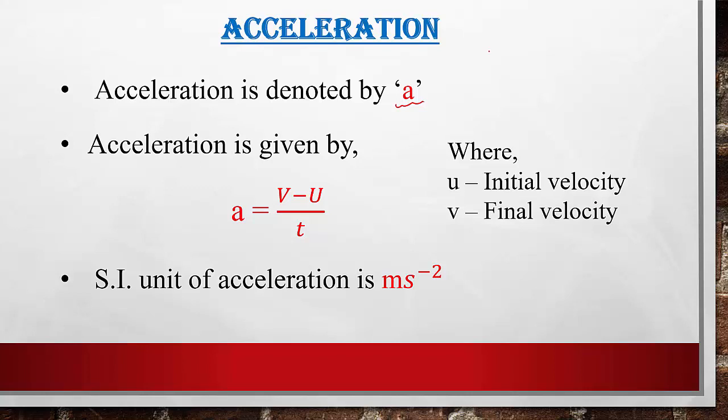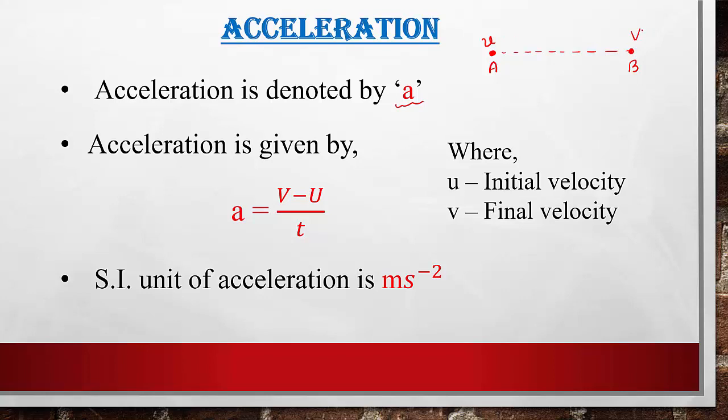That means this object is initially at point A. It is at rest. Now it starts to move and reaches the point B with certain velocity V. Initial velocity is U, final velocity is V.